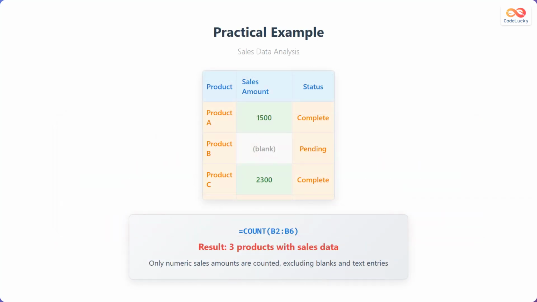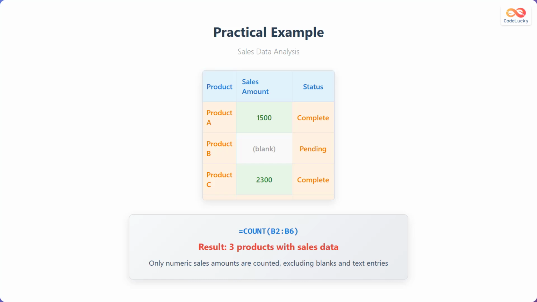Let's see a practical example of using the count function for sales data analysis. Imagine you have a table with product, sales amount, and status columns. Product A has a sales amount of 1,500, and the status is complete. Product B has a blank sales amount, and the status is pending. Product C has a sales amount of 2,300, and the status is complete.